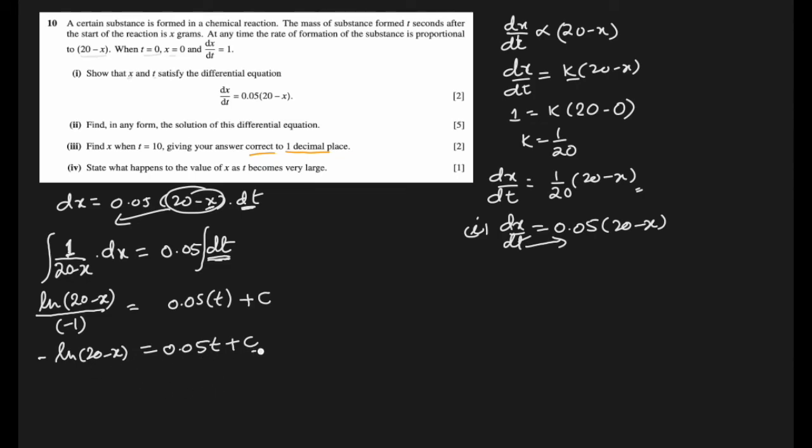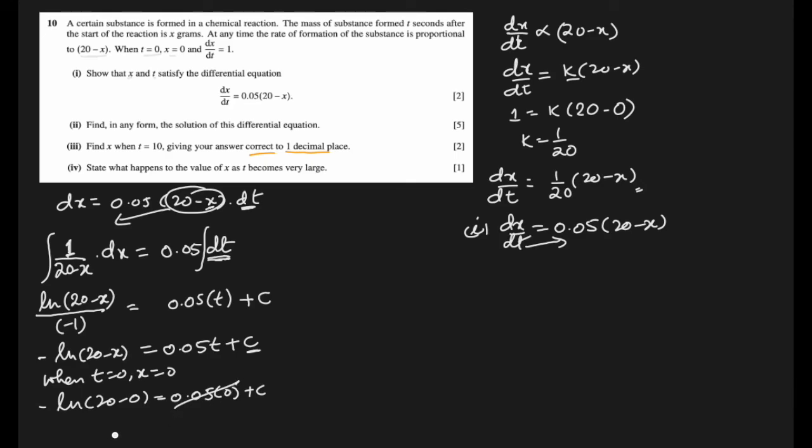Now to find c, we will use what they have given here, which is t is 0 when x is 0. So when t is 0, x is 0. Let's substitute that here. Minus ln 20 minus 0 equals 0.05 times 0 plus c.